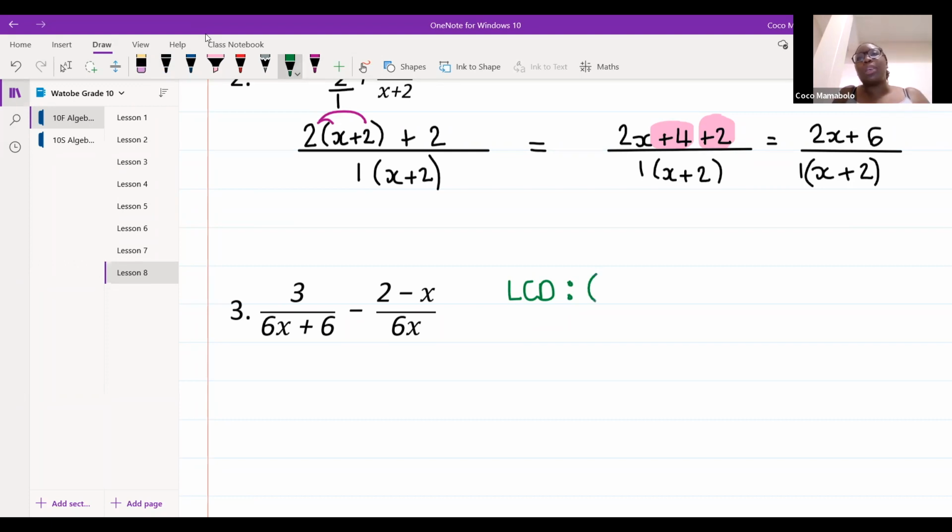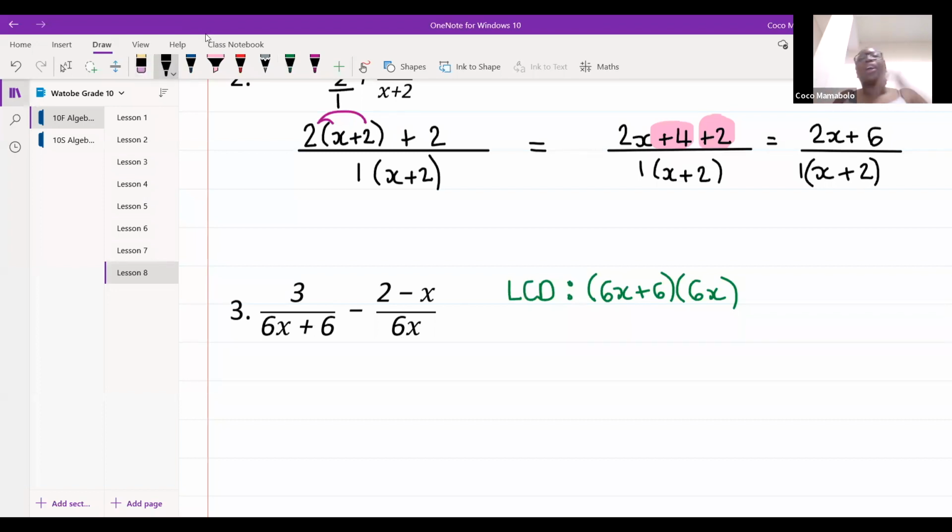So my LCD is going to be open brackets 6x plus 6 multiplied by 6x. For those of you who are just saying 6x plus 6, you're already assuming that whatever happens to this x, I'm going to just add an imaginary 6. That's not how maths works. We need to add both of them. That is my LCD.